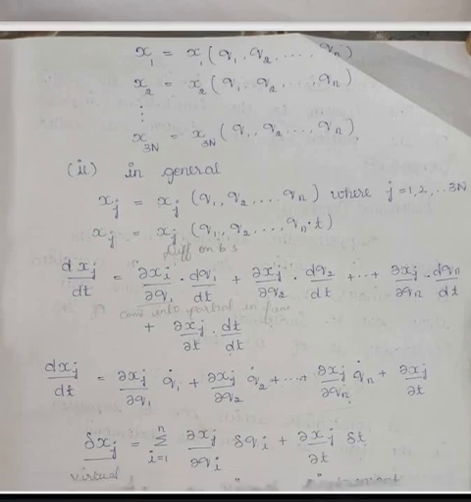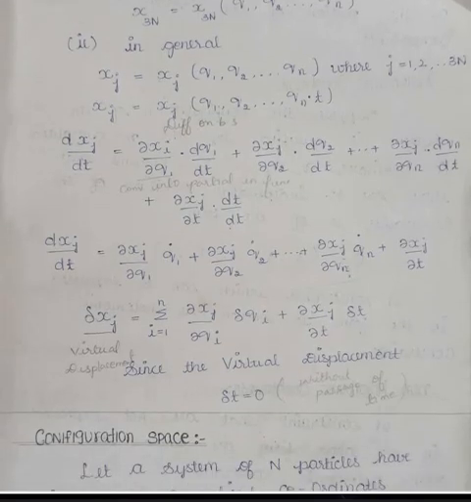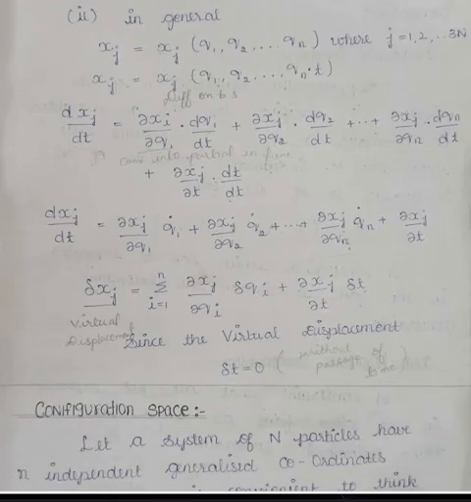In general, xj equals xj of q1, q2, etc., qn, comma t. dxj by dt equals dou xj by dou qi into dou qi by dou t, etc., plus dou xj by dou t into dt by dt.